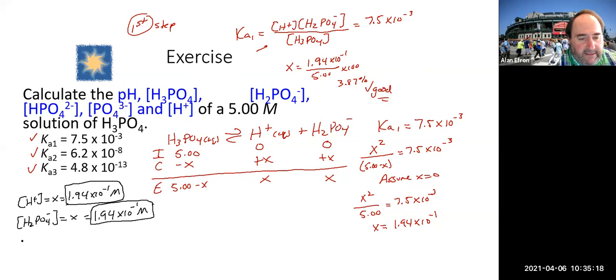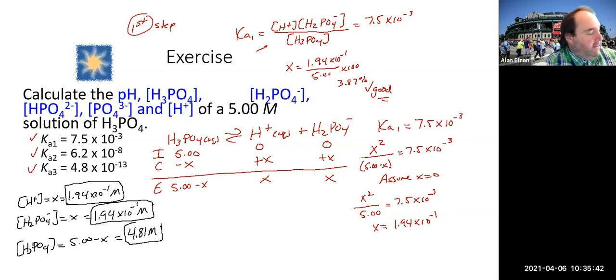We also see from the table that the concentration of phosphoric acid would equal 5 minus X, and that would get us 5 minus 1.94 times 10 to the minus 1, which is 4.81 molar in this case, I believe. Any questions on that so far?